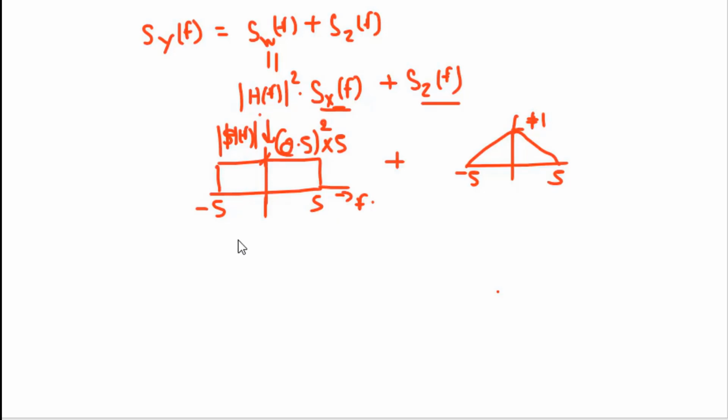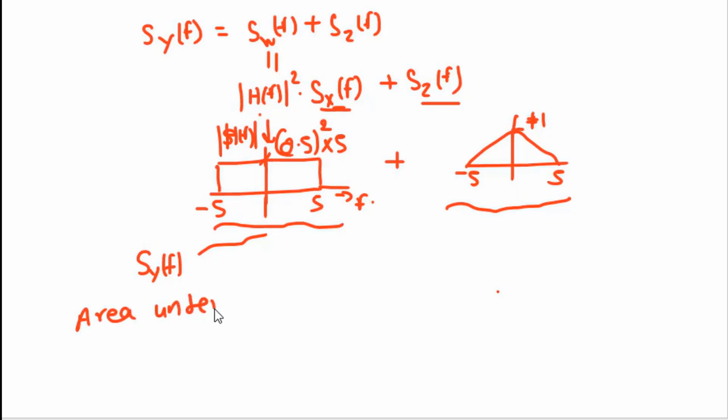So this is your total PSD, that is S y of f, which is represented by adding these PSDs. The area under the PSD will give you the power in that random process.